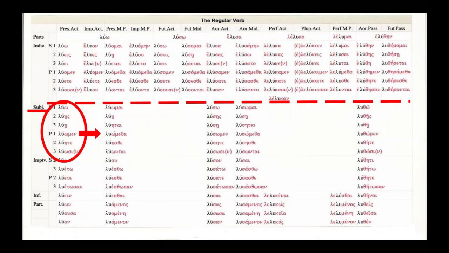So this will be in its place. Because this one's going to drop the nu off of it. And this is the shorter form because it drops below the line. Because you have nu, sigma. Nu doesn't always have to be used.